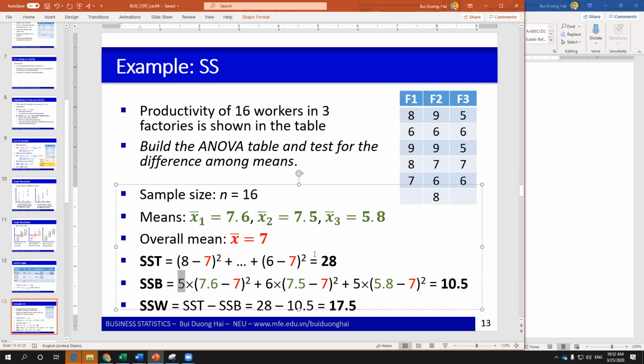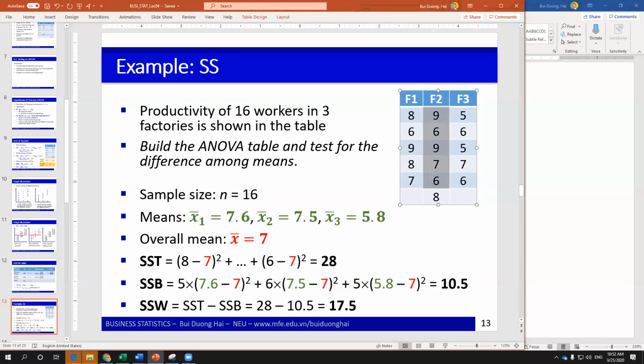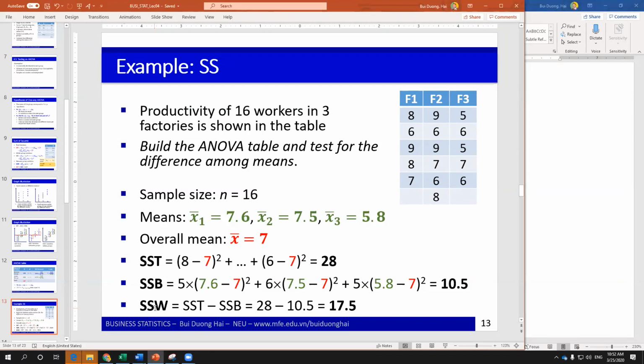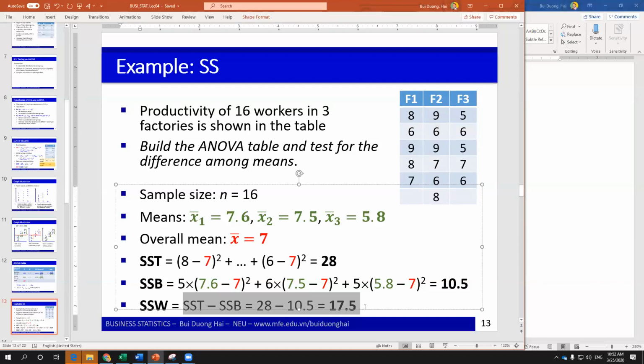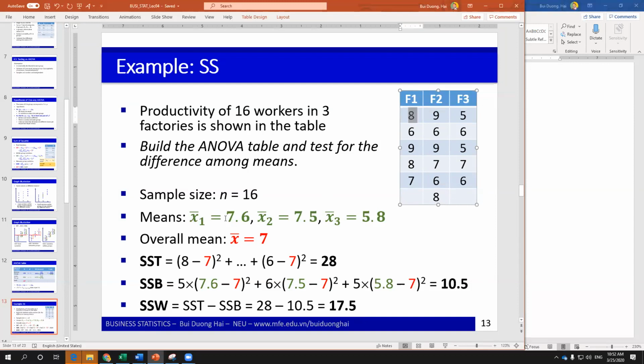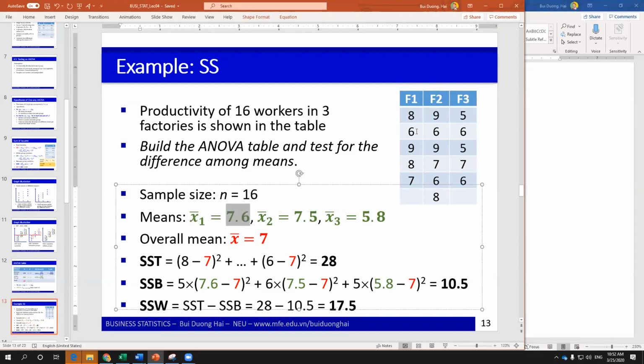Group number 2, you use 7.5 minus 7 and 6 members. They equal 10.5. For SSW, there are two ways to calculate. The easiest way equals SST minus SSB equals 17.5. The other way is 8 minus 7.6 squared plus 6 minus 7.6 squared, and so on.